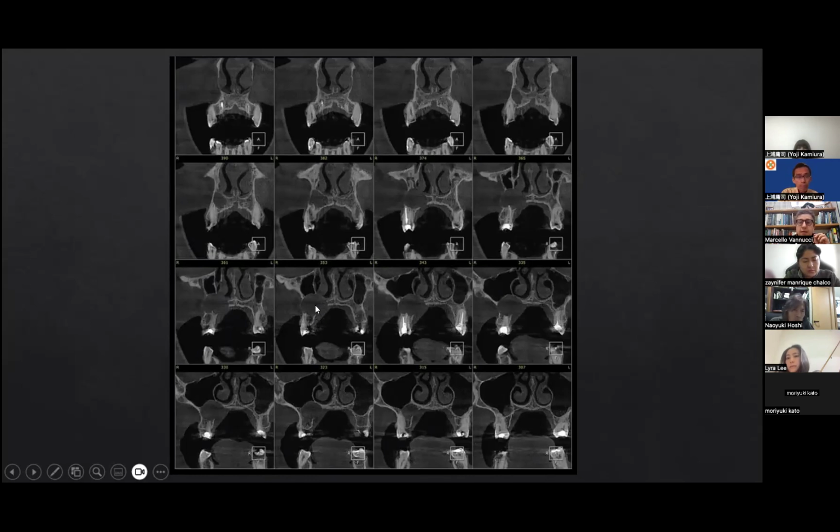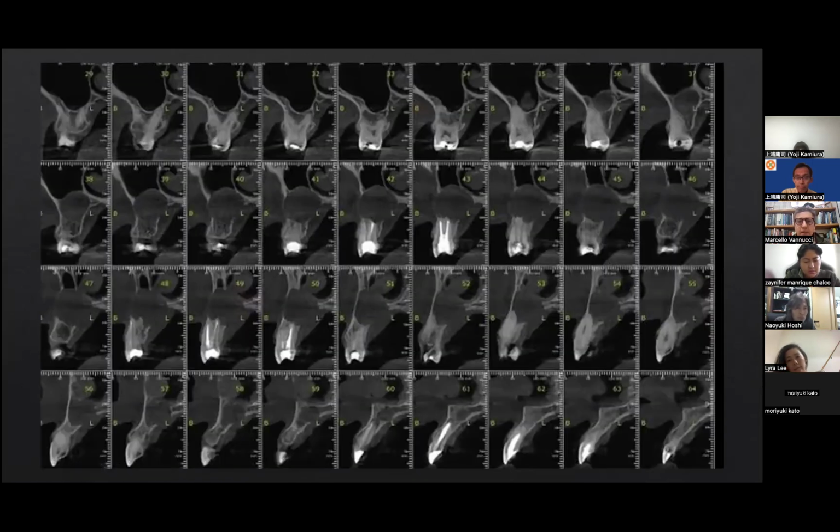And for the surgery, we must be very, very careful, because the idea for the access is not to contaminate the sinus floor with this kind of lesion, independent of the type of the lesion. So the first time, I made a biopsy. So this is another point of view of the lesion, palatine and vestibular.